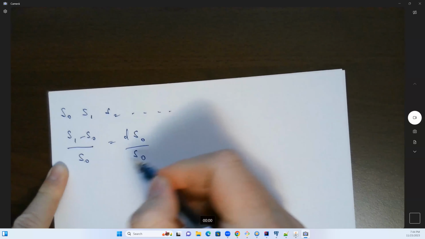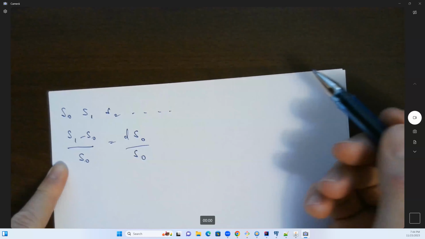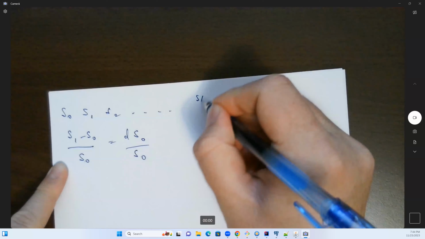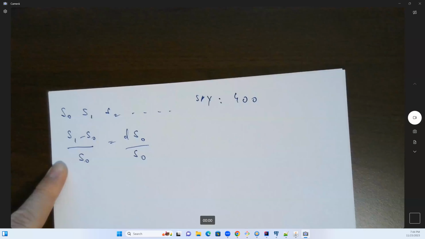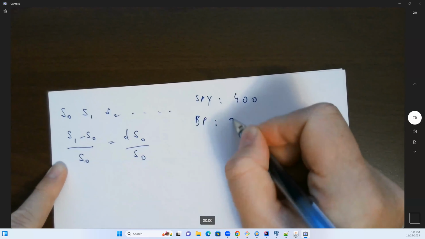Why do we do this relative thingy? Because the stocks can have very different absolute values. So one stock, let's say SPY, now it's around 400. Other stock like, let's say, British Petroleum, it's around 30.